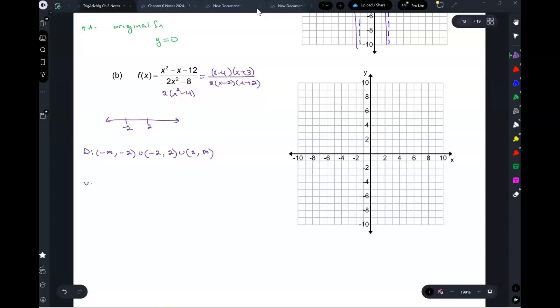Okay, what would be the vertical asymptotes? Where does that denominator equal 0? 2 and negative 2. So x equals plus or minus 2.